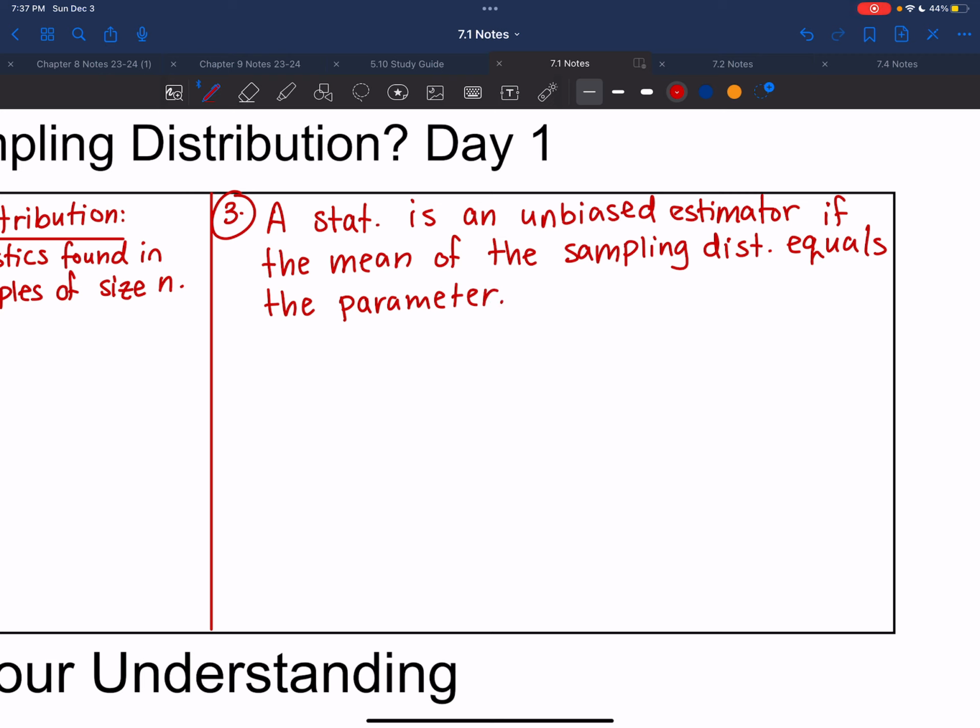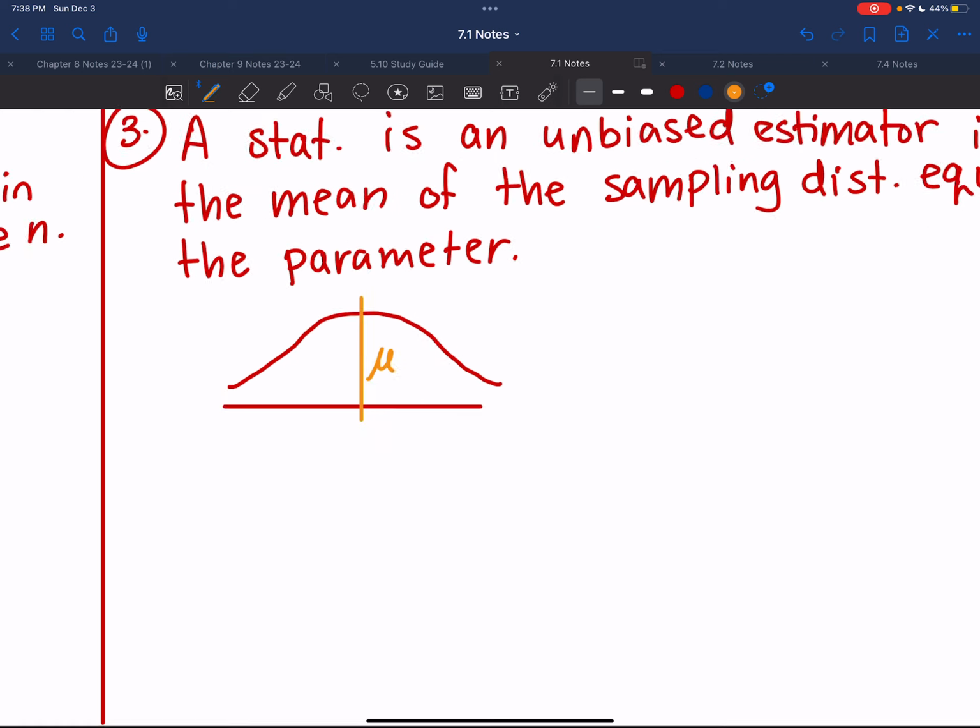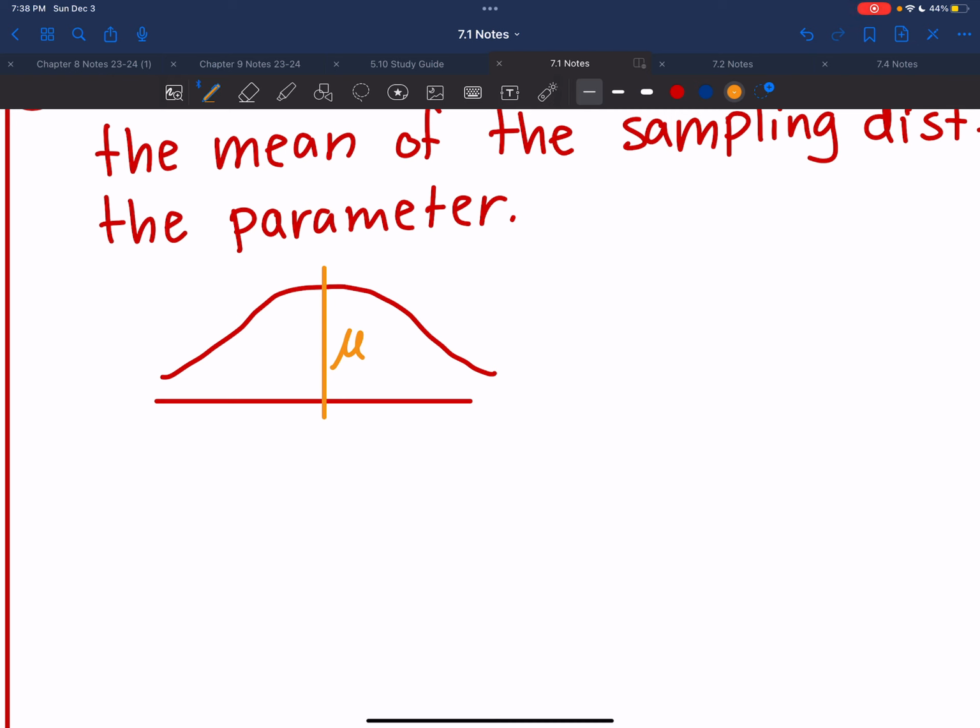So in our example, we had a sampling distribution that looked pretty symmetric, and we had a population parameter, mu, right there in the center, and they both represented the same value. That would be unbiased.